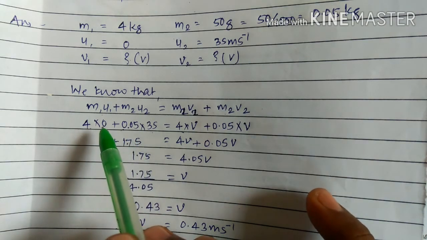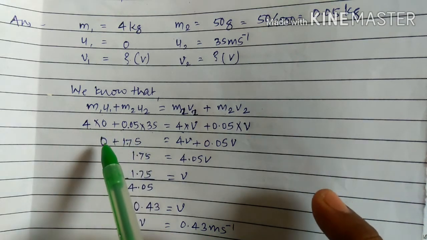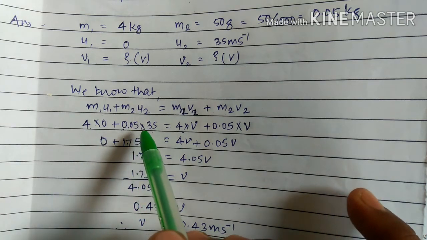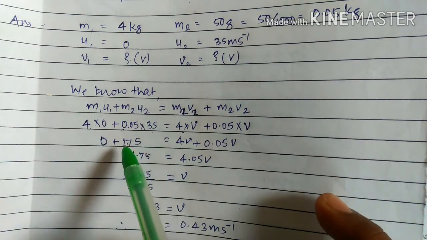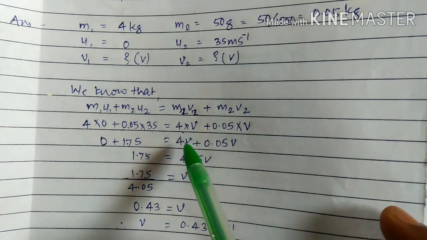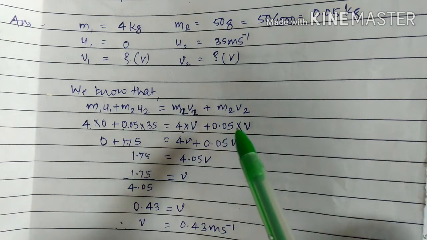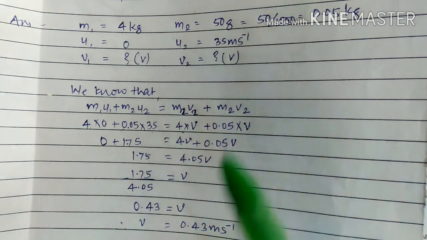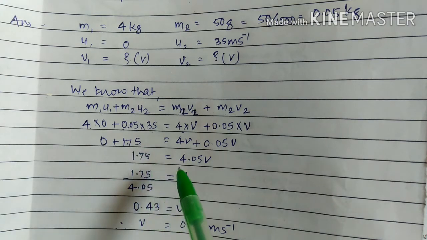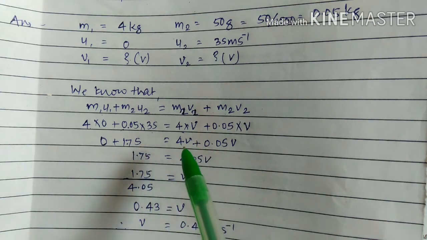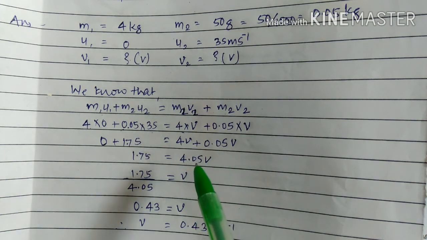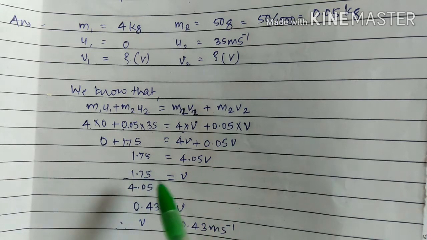Here 4 into 0 is 0, plus 0.05 into 35, it becomes 1.75, is equal to 4v plus 0.05v. Take the addition, 4v plus 0.05v becomes 4.05v.